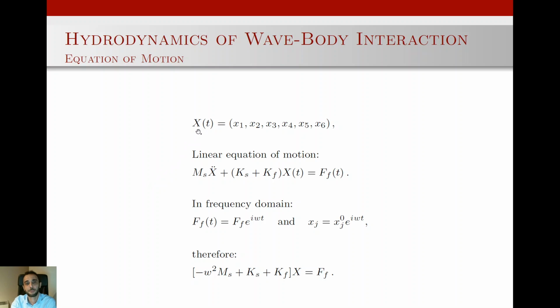Let's define capital X of t as the vector that describes the motion of the structure, which has 6 components, x1, x2, x3, x4, x5, x6.